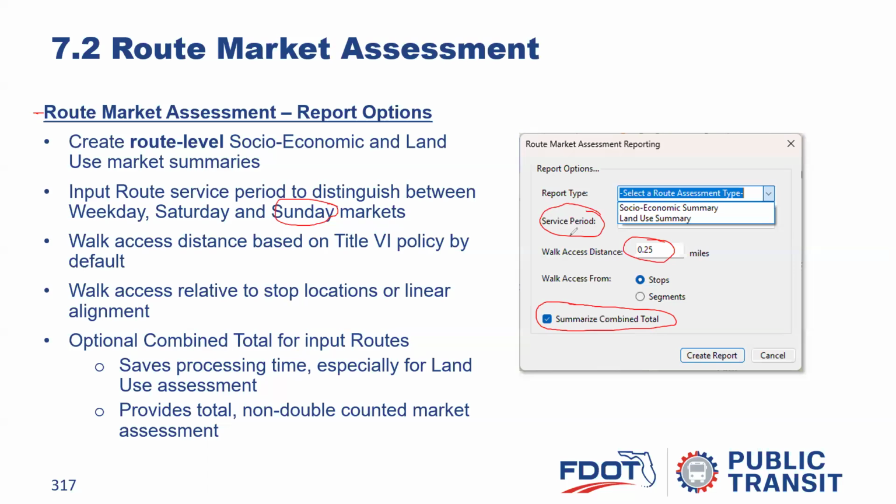So if you have 10 routes and you're going to have a buffer around all the routes of a quarter of a mile, some of those buffers may overlap, and probably several of them would. The point is that you don't count what's in the overlapped area twice. You just count it once. So it's like a combined area rather than each individual one.